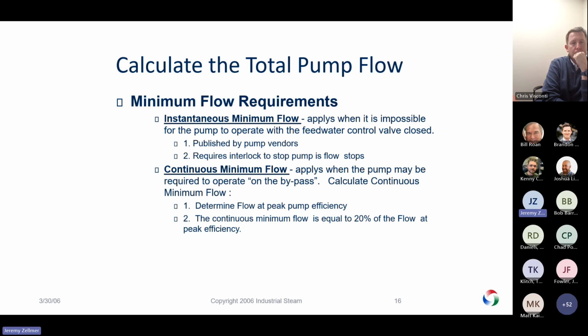Typically on the pump, at its peak efficiency, the continuous minimum flow is going to be equal to 20% of the flow at peak efficiency. Most of the time we use a lot of Grundfos. Grundfos will say, for this pump, we want this much minimum flow, and that's what we sized our minimum flow orifice for.